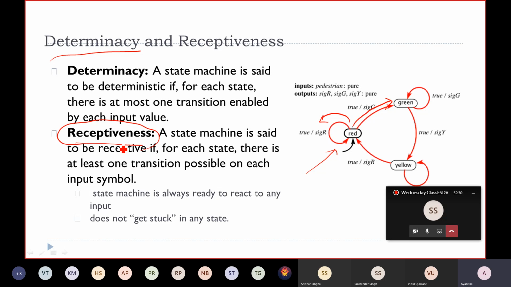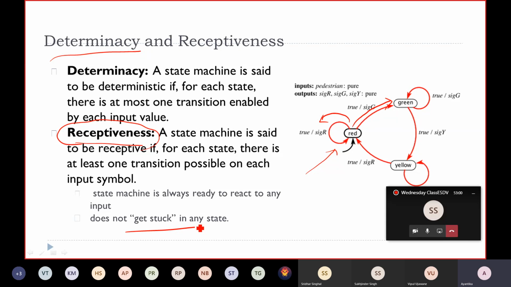Whatever control inputs you are accepting in your FSM design should make your system reactive. It should at least make some transition in your system. That means you should ensure with receptiveness that your design does not get stuck at any state.